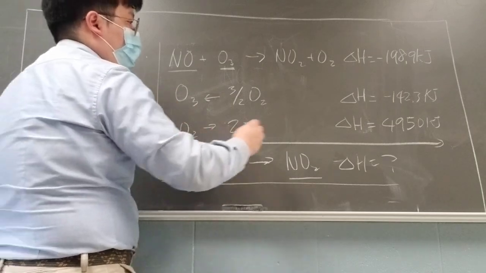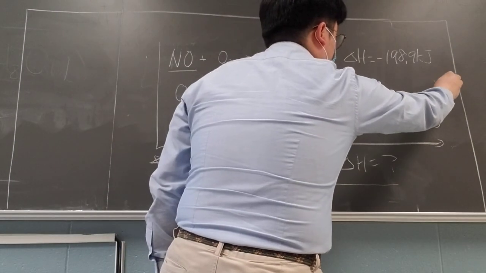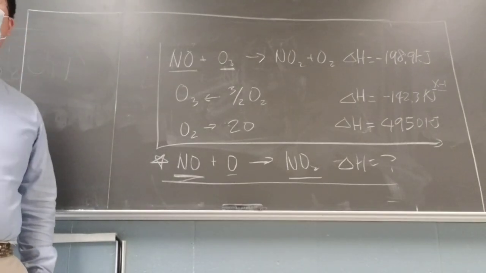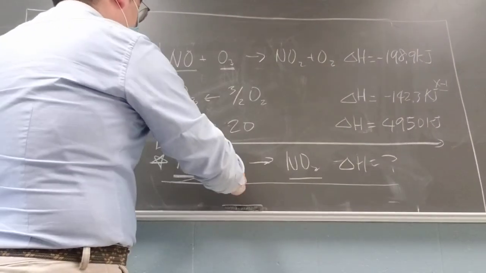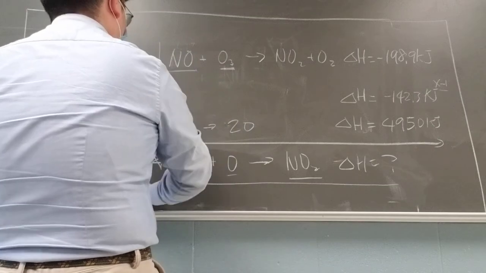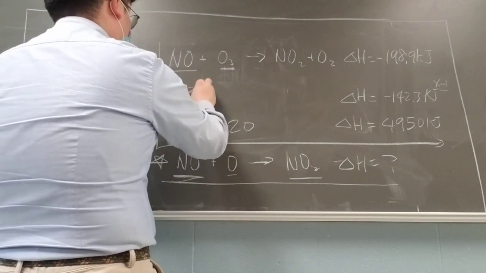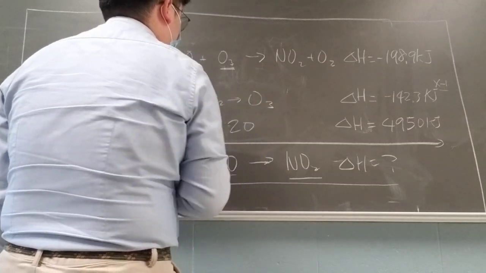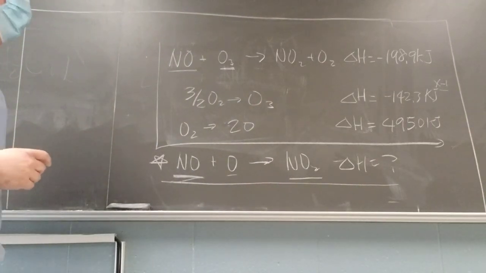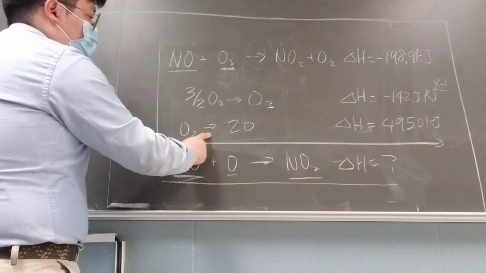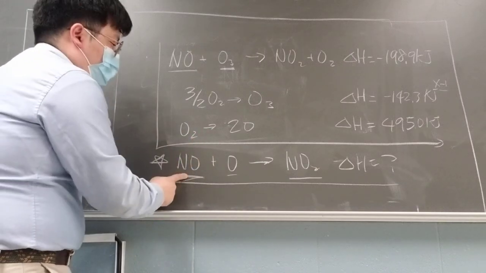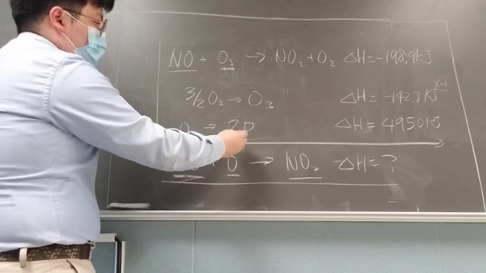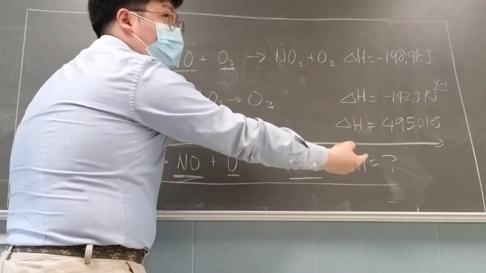Then you need to multiply this number by -1, because now it's going the reverse reaction. I'm going to do the same thing for this one, because in the final equation we have an O here, but you have a 2O on the right side.